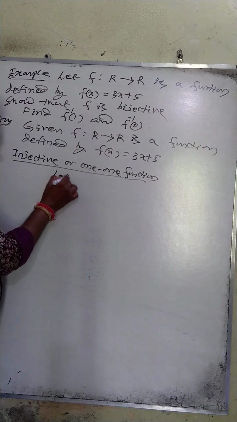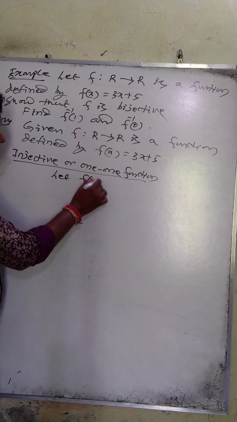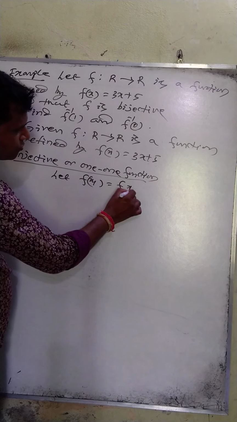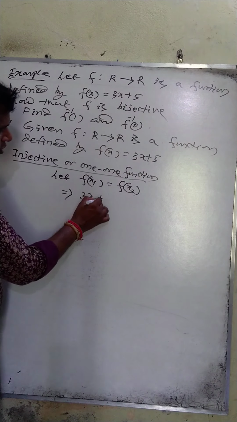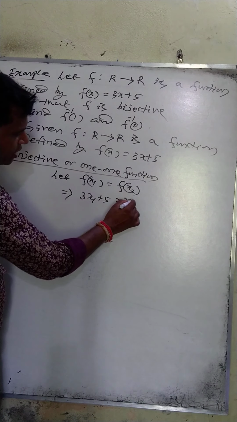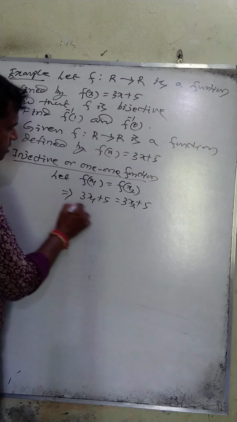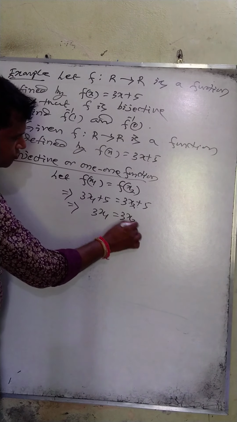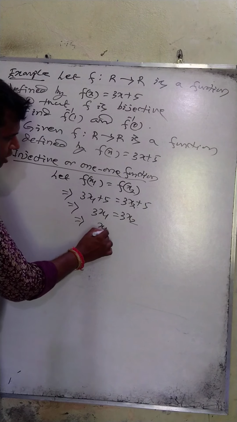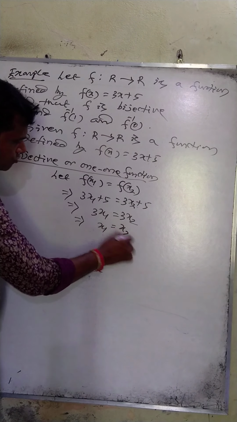Let f of x1 is equal to f of x2. That means 3x1 plus 5 is equal to 3x2 plus 5. That implies 3x1 is equal to 3x2. That implies x1 is equal to x2.